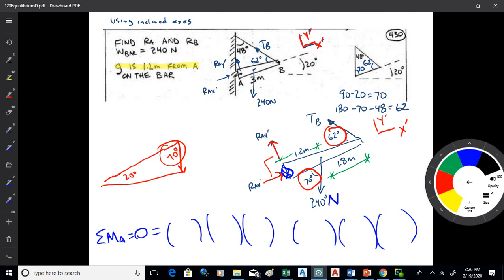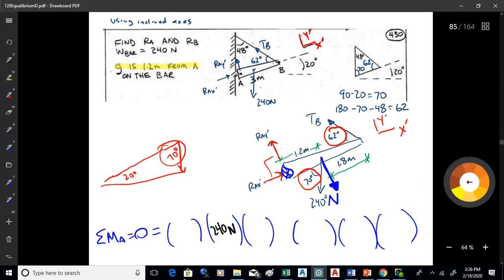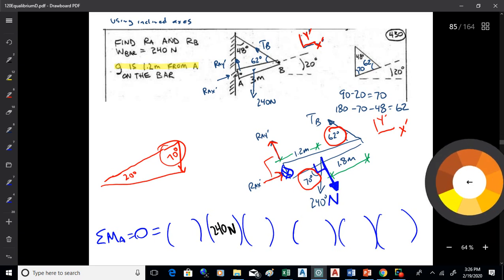Y'all get into that? I mean, what do we got going on there? Yeah, I want to get that 240 newtons, right? And what I want is a component like that. That's what's going to cause the moment about A. I want that to be perpendicular. So to get that, I want what?